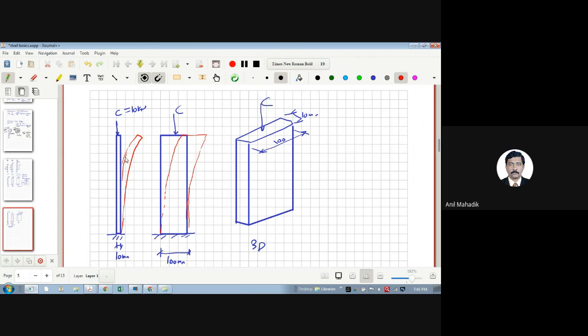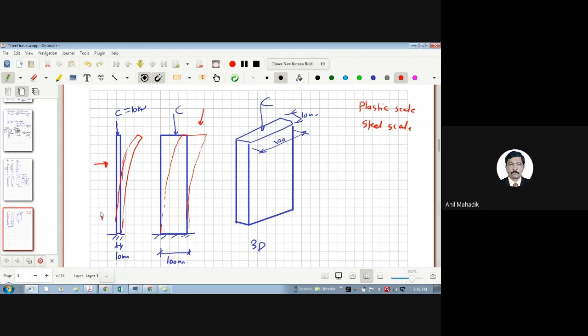You can take an example of your scale, whatever you use, plastic scale or steel scale. We use it for drawing purposes, right? So if you apply this force, will it buckle first like this or first like this? Hello? Yes, sir.